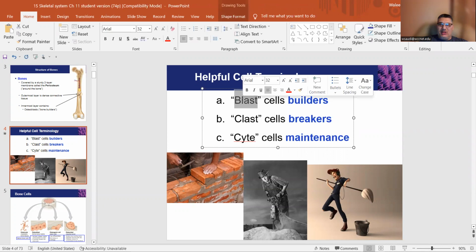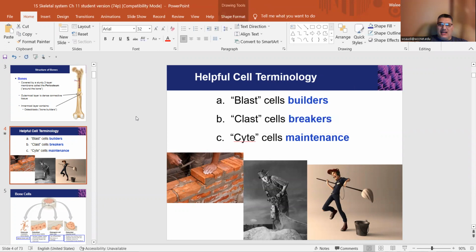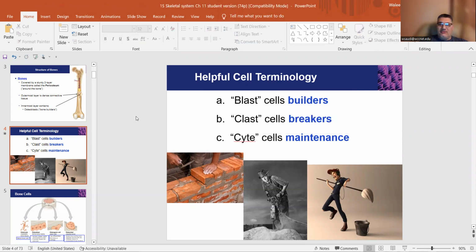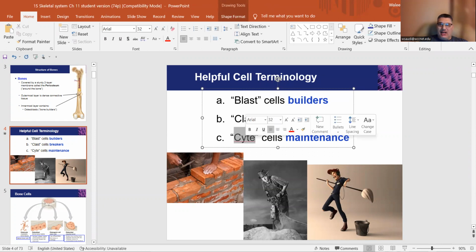But the difference is blast is the immature cells. So these are the ones that build. When they become mature, we call it cyte, osteocyte. And their function now is maintenance. So it's the same one. Blast, immature to build. They grow up, mature, and become osteocytes for maintenance.